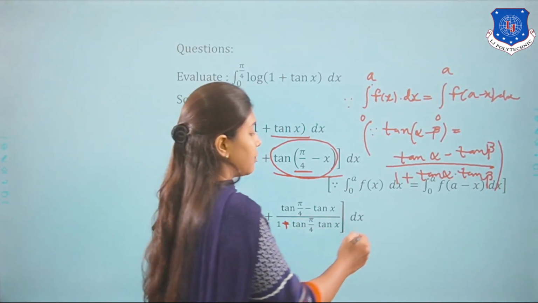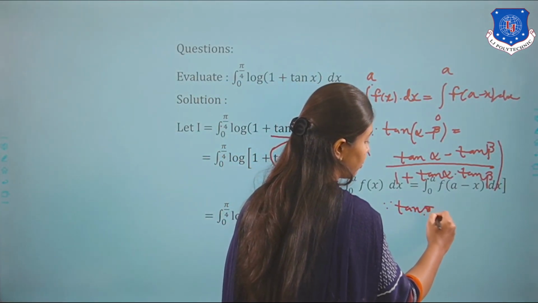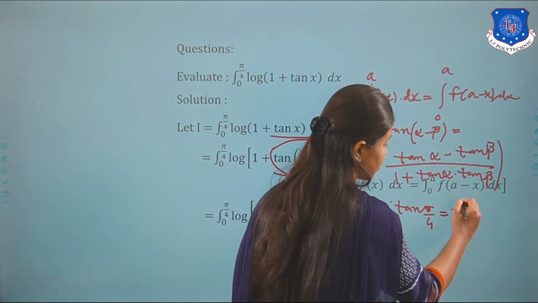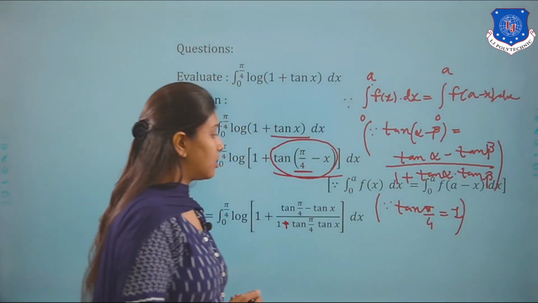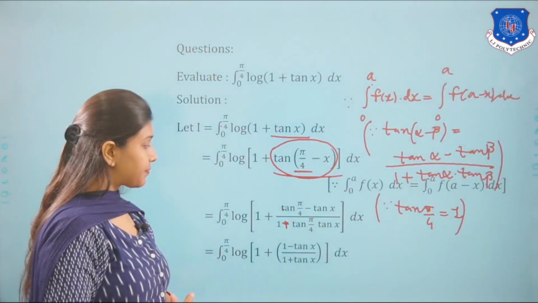Now the value of tan pi by 4 is equals to 1. So we can write it as 1.